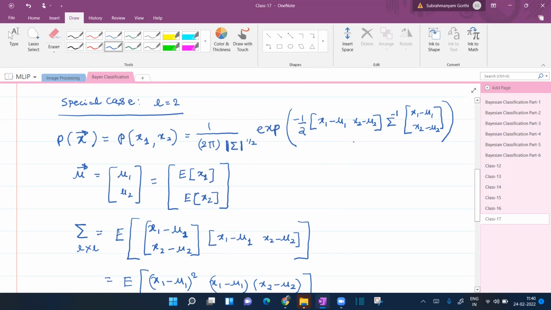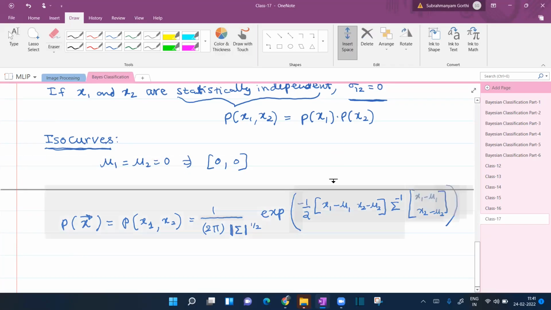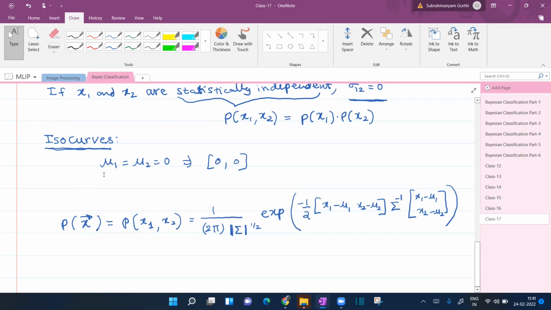Pay attention here: for those set of x1 and x2 values for which the argument inside this exponential is the same, all those points will have the same value. Are you able to follow this point? All I am saying is, let me again copy this form for you. These are all the points at which this function has the same value.